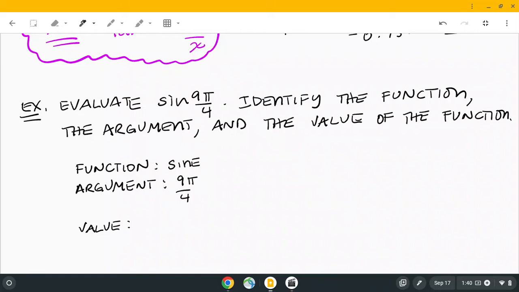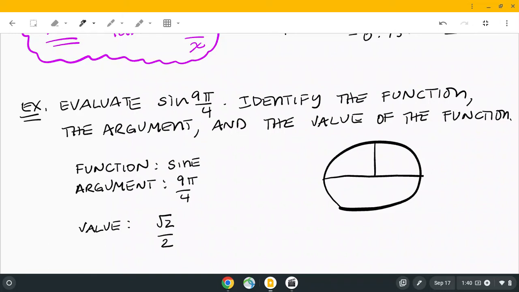9 pi over 4 does not reduce, so it's going to have a reference angle of pi over 4, which is associated with 45 degrees. So we know that it's going to be square root 2 over 2, but we need to figure out negative or positive. So let's figure out where 9 pi over 4 falls.